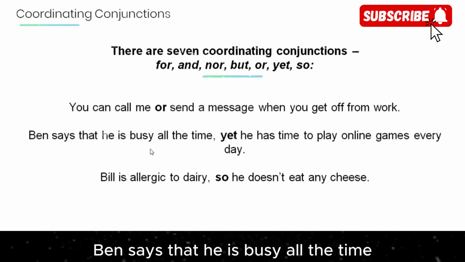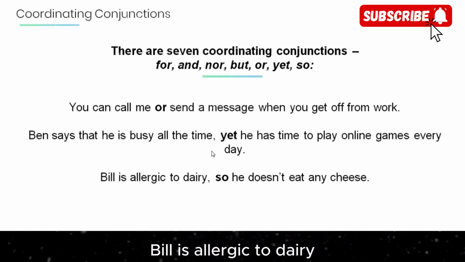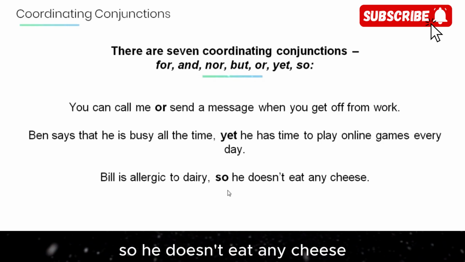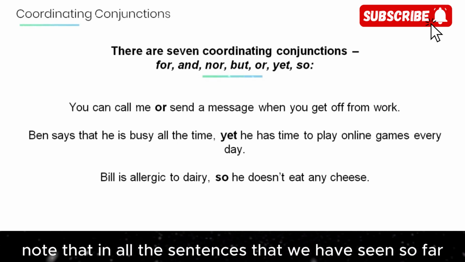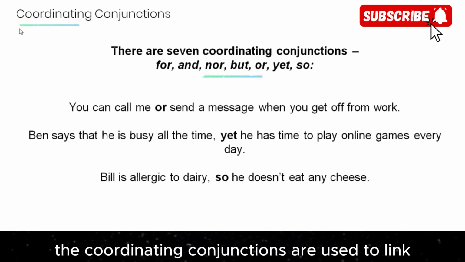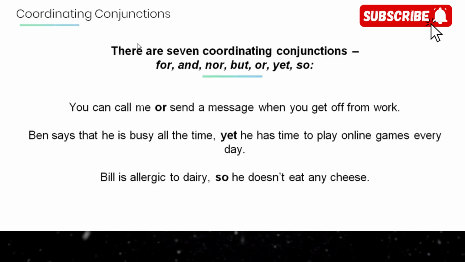Ben says that he is busy all the time, yet he has time to play online games every day. Bill is allergic to dairy, so he doesn't eat any cheese. Note that in all the sentences that we have seen so far, the coordinating conjunctions are used to link two phrases or clauses of equal importance.